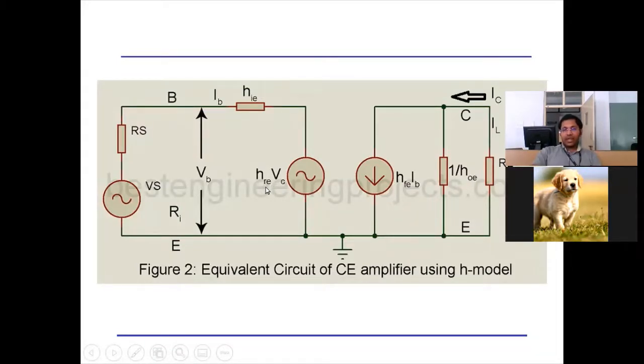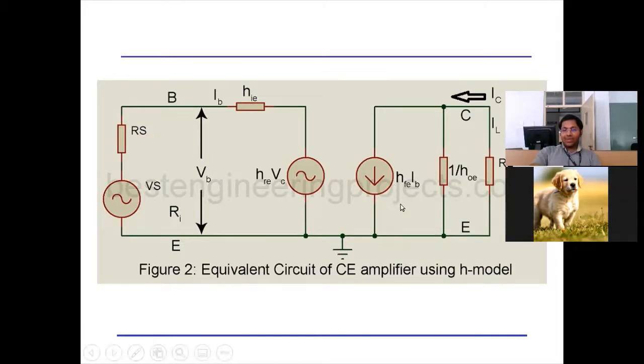So this term I can write as h_re into minus I_C into R_L. Earlier we have discussed, if I neglect this, I can replace I_C by h_fe I_B.